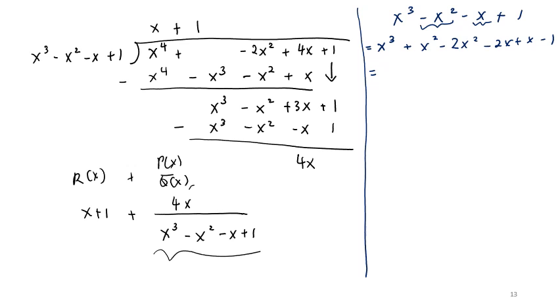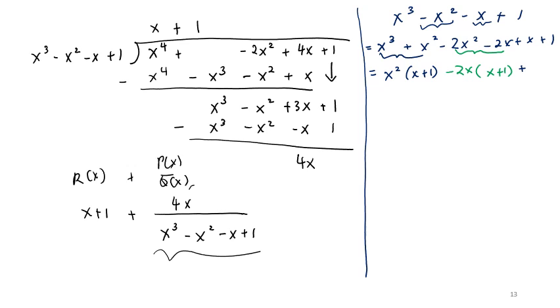So we're factoring this one, x squared times x plus 1, and then we want to factor this, maybe minus 1 times x plus 1. I'm sorry, this one should be plus, right?